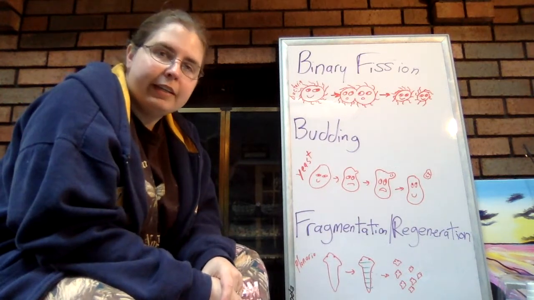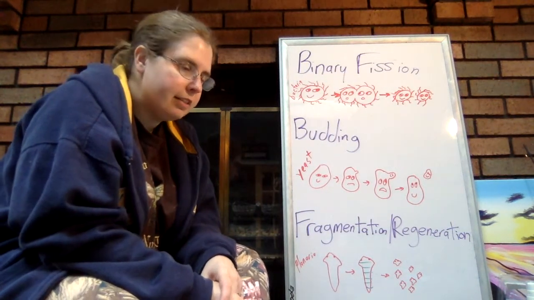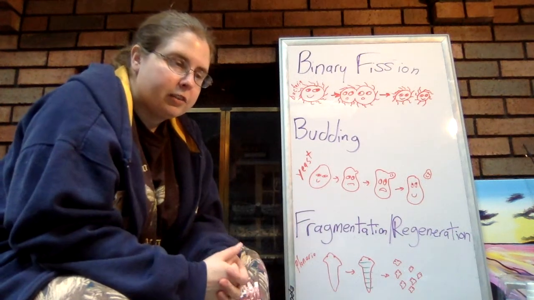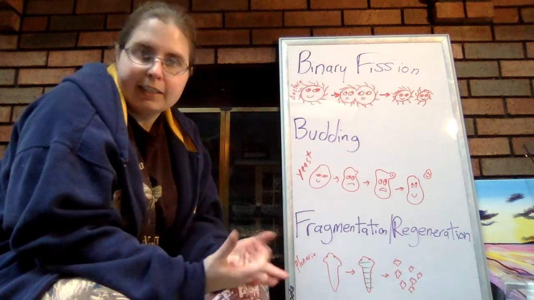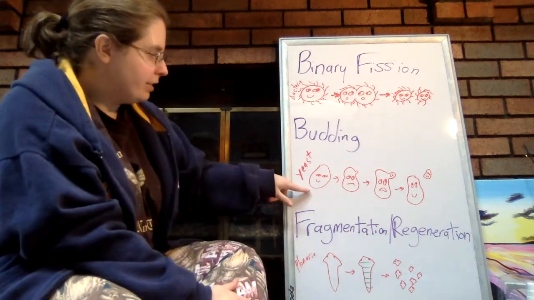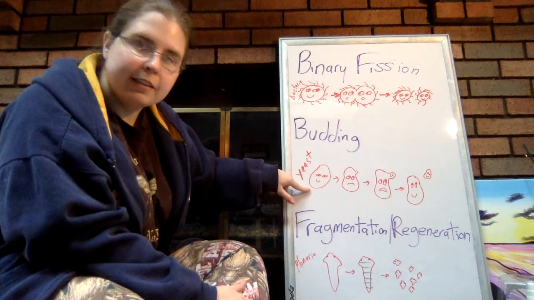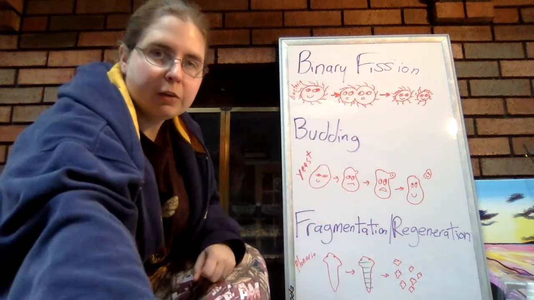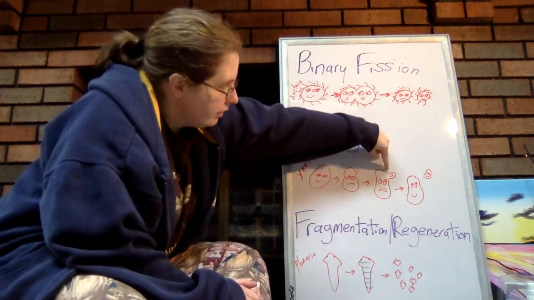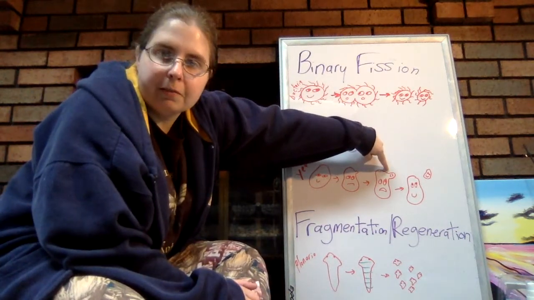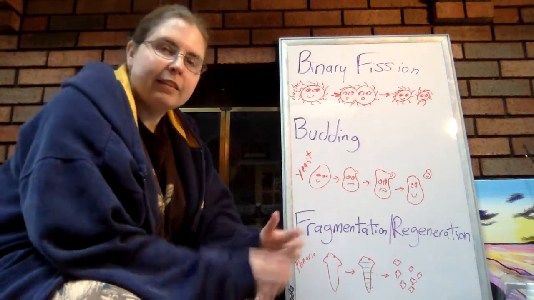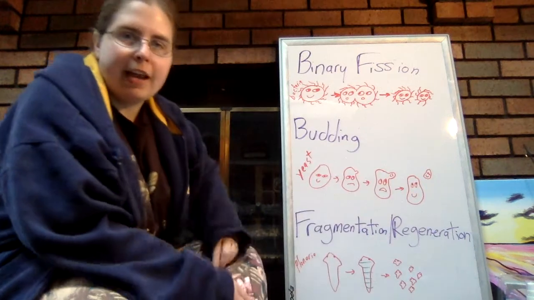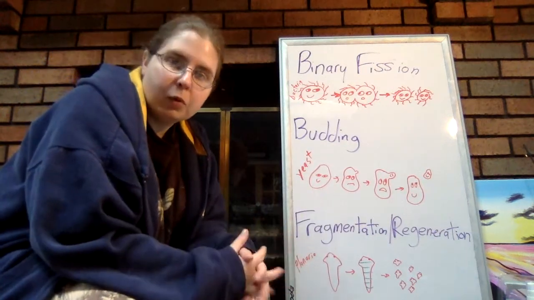The next way is budding. We see it in yeast. You can also see it in things like certain corals or sea sponges. Here we have our happy little yeast, and then it starts getting a little growth on it. That growth is actually forming into another version of it. When that little growth gets to a certain size, it breaks off and is now a new separate organism.